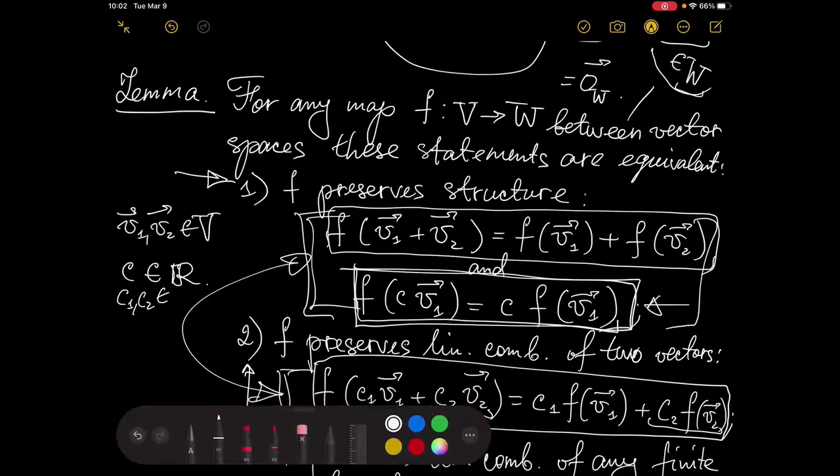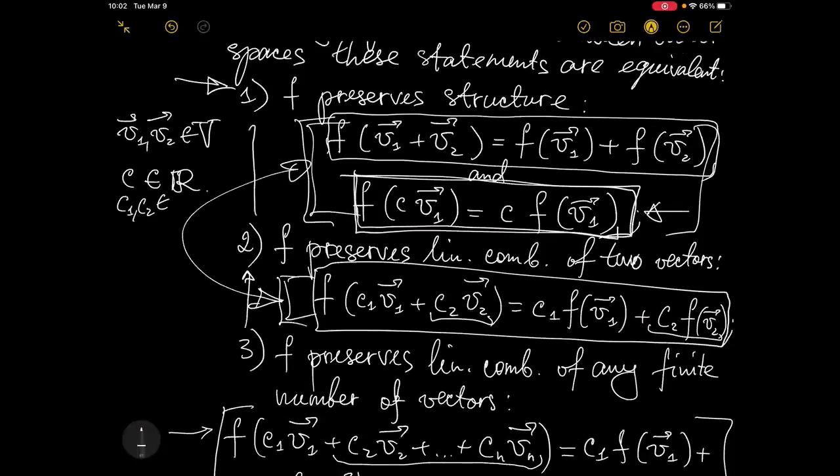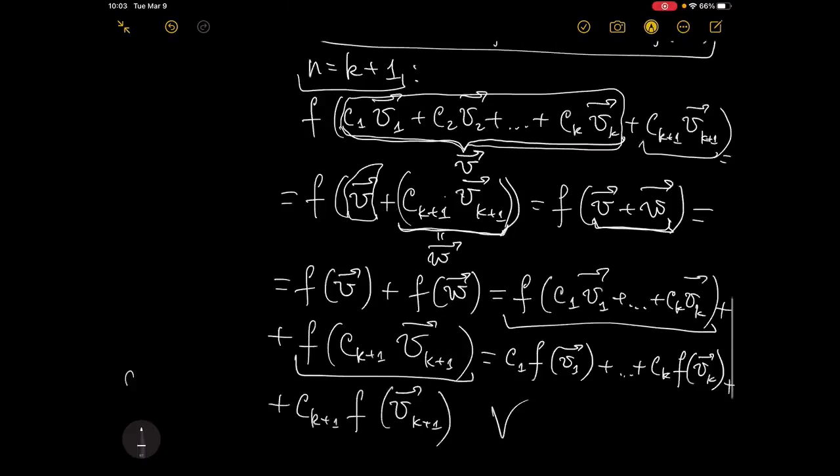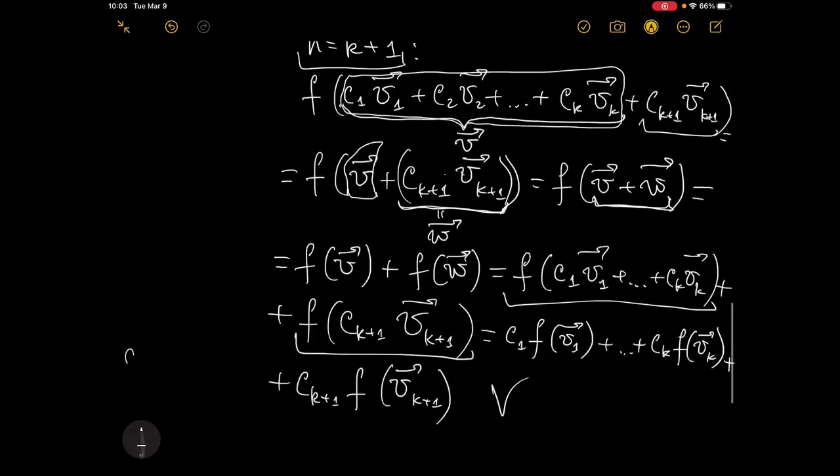We went from 3 to 2, from 2 to 1, and now I'm going from 1 to 3, right? So I'm trying to prove that if 1 is true, then 3 is also true. So if 1 is true, then this works, right? But this is exactly this statement, so from here I will get this. Is it clear or not, this step?